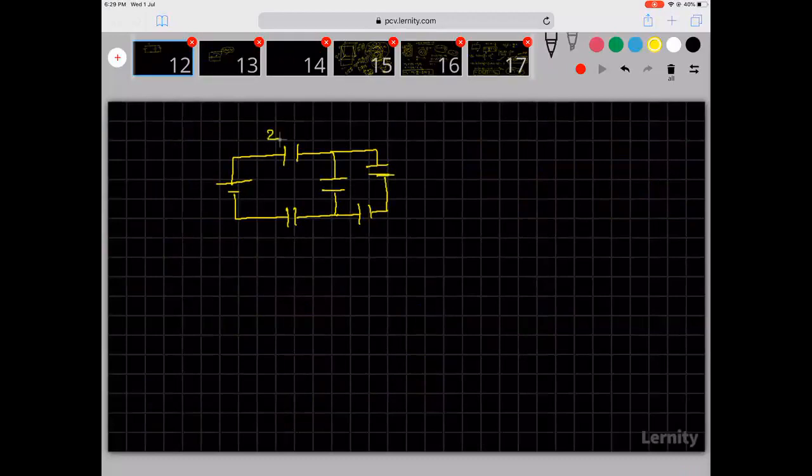Let's give values to it: 2 mu f, 2 mu f, 4 mu f, 2 mu f, and 4 mu f, with a 10 volt battery. So now the question is, what is the charge on each of these capacitors? How will you work it out?